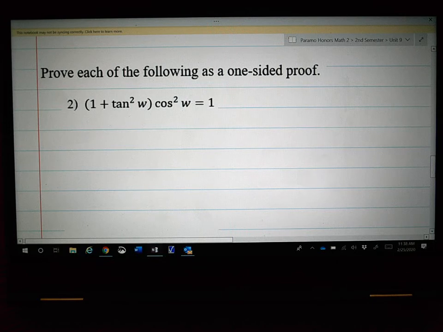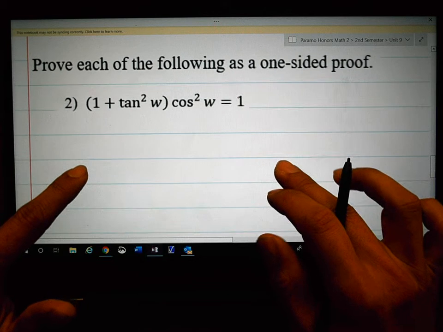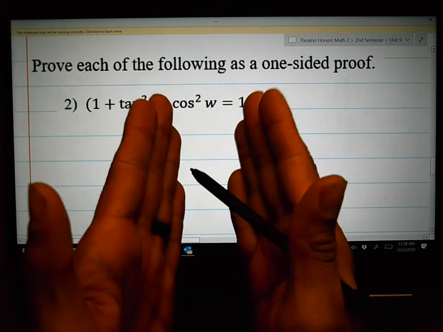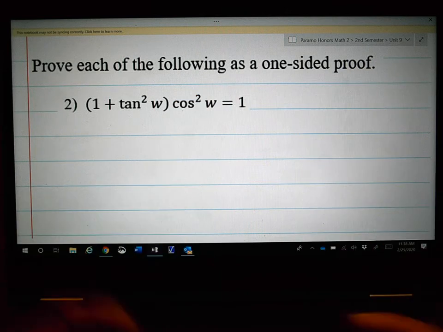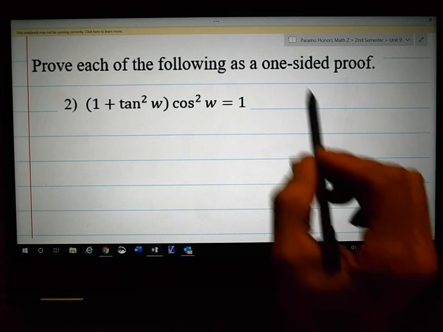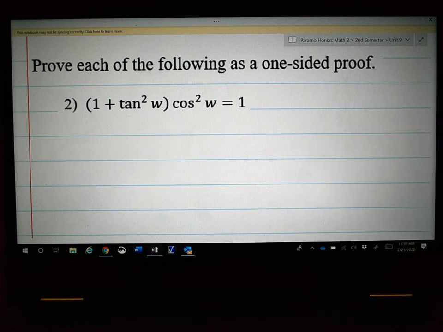It will give you an equation, and just so you are aware, whatever it says, this is equal to 1, you are going to prove that this is equal to 1. And the way you're going to prove it is by doing the same exact things that you were doing in Section 6. The only issue, it's a one-sided proof.